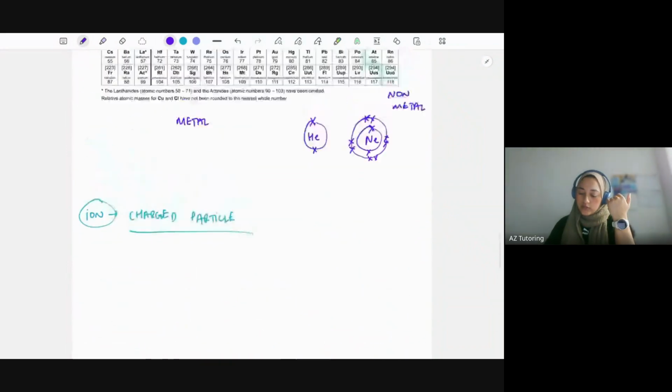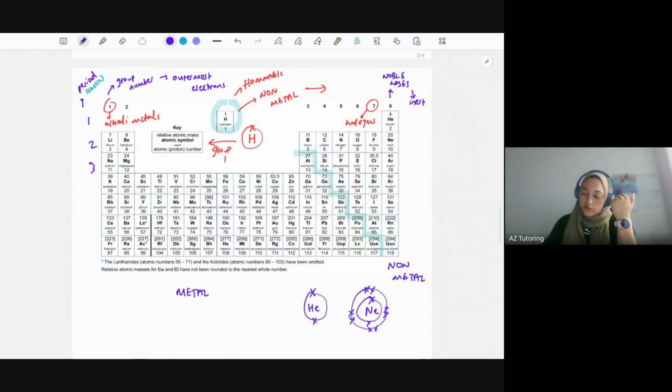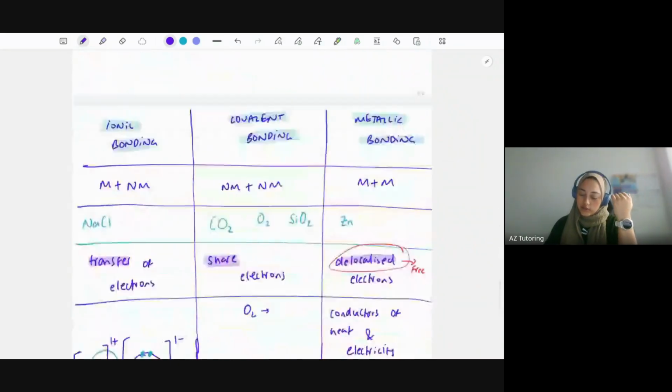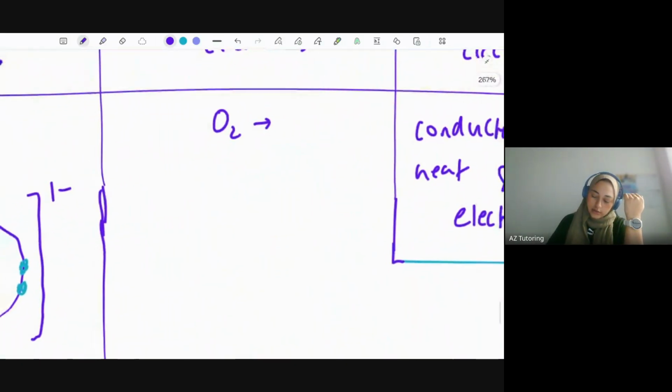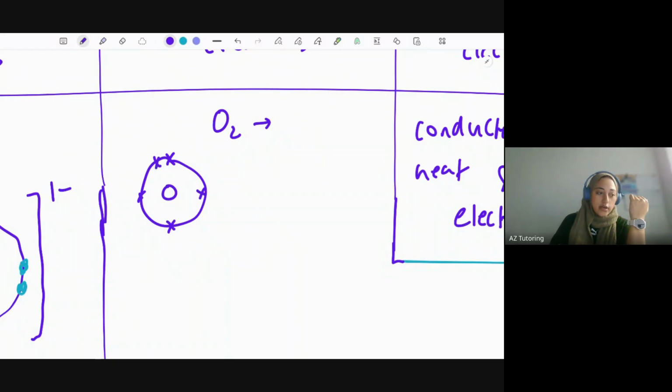So what group is oxygen in? Oxygen is in group 6, so it's got 6 outer electrons. Let's draw that here: 1, 2, 3, 4, 5, 6. So how many does it need to become stable? It needs 2 more to become stable.